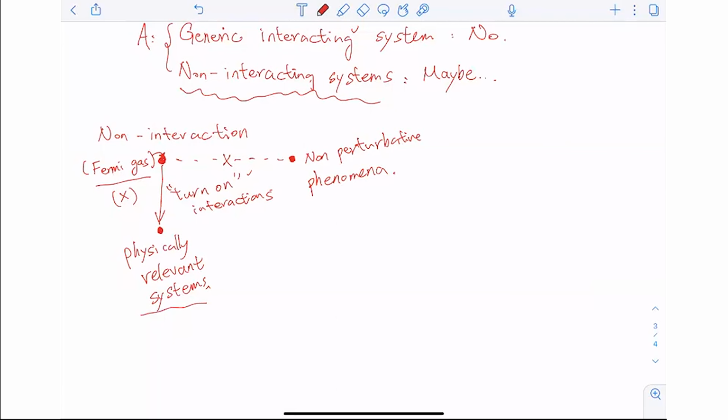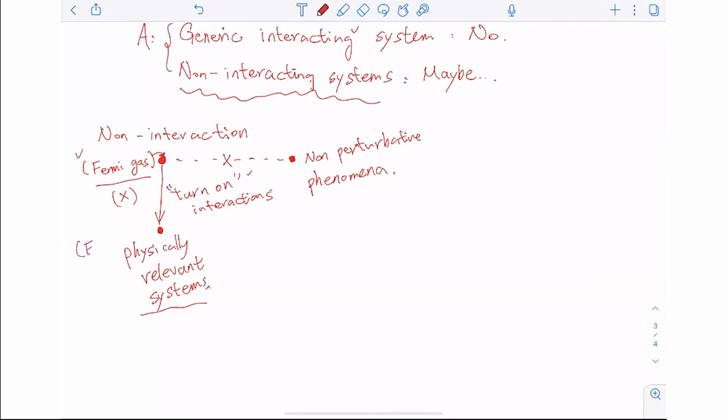Basically, for example, a piece of metal. Okay. We know in the metal, those electrons interact with each other like crazy. However, to some extent, at least from the general physics point of view, we still pretend as if the electrons did not have the Coulomb interaction with each other.